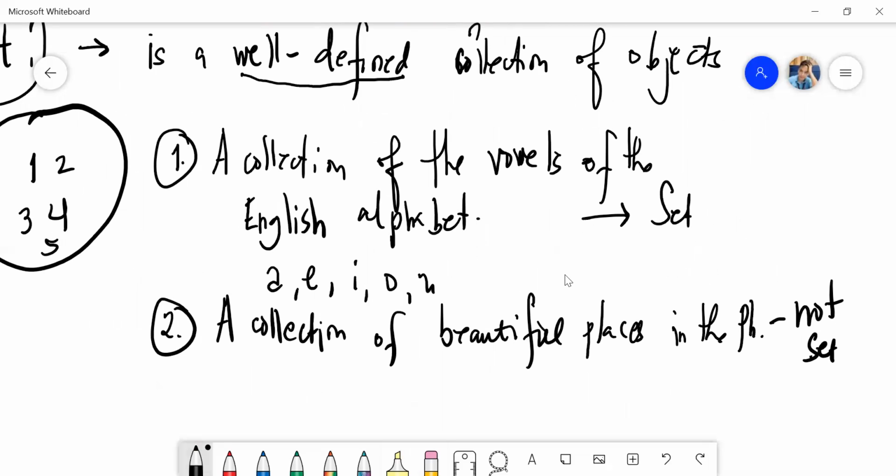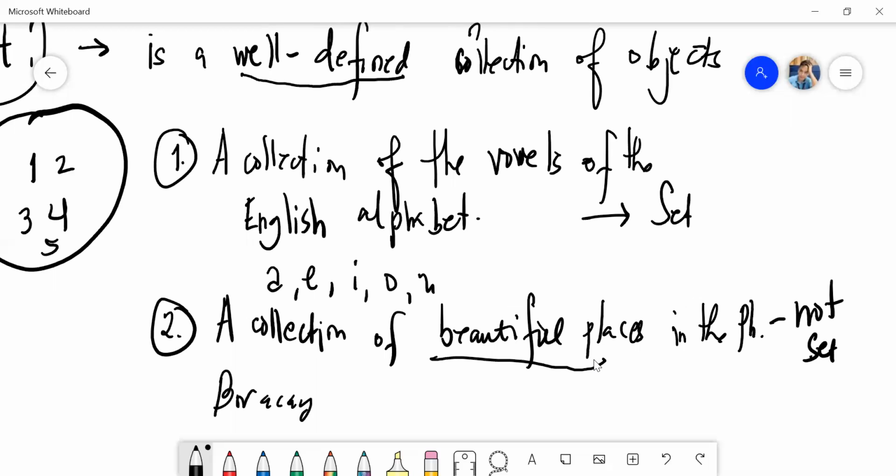Take a look at these beautiful places. Let us say, for example, one person would say one of the beautiful places is Boracay. It may be a beautiful place for somebody, but it may not be a beautiful place for anybody.